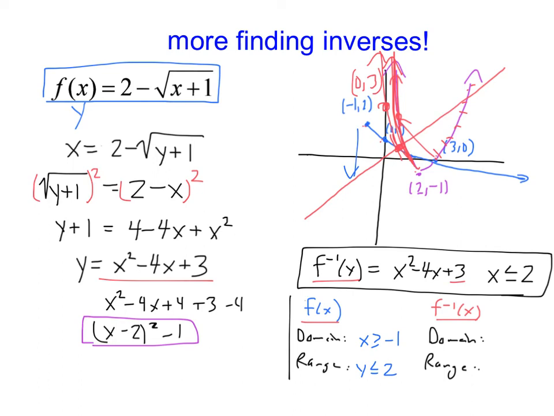Now on the red one here, if we're looking at the graph, as far as x's go, we got to be over here on the left. So x is less than or equal to 2, and the range, you can see there's our minimum, we got to be greater than that, so that's y is greater than or equal to -1.